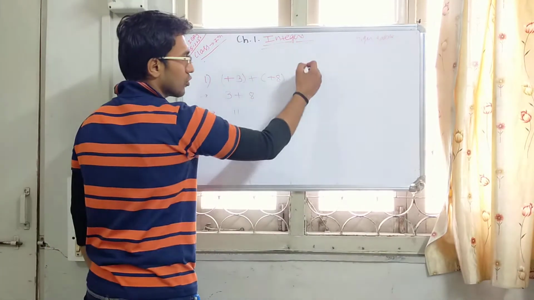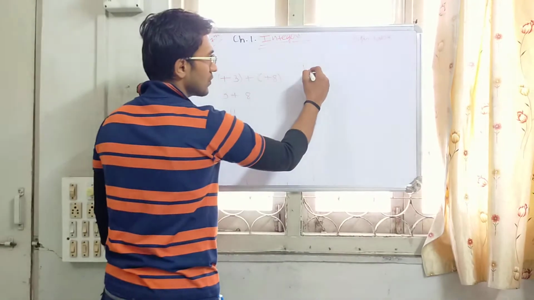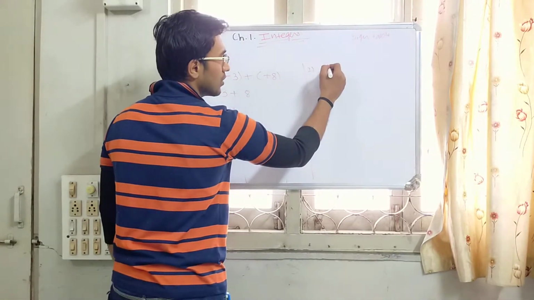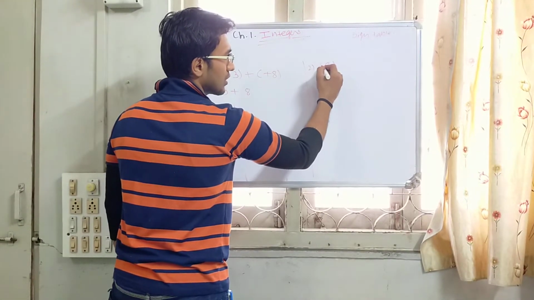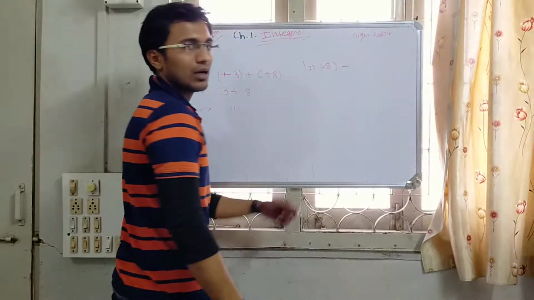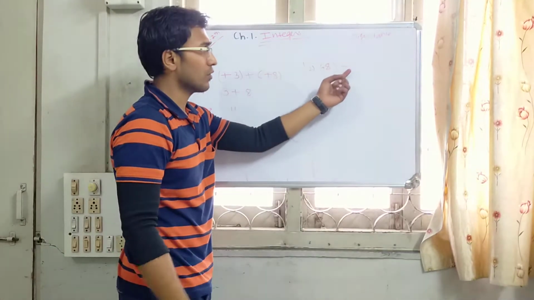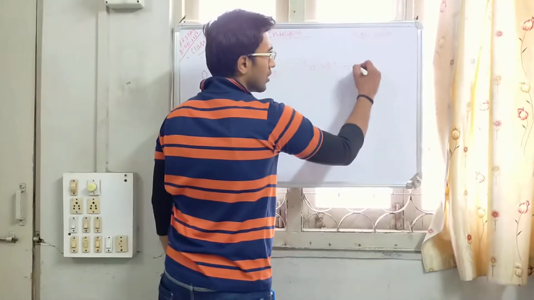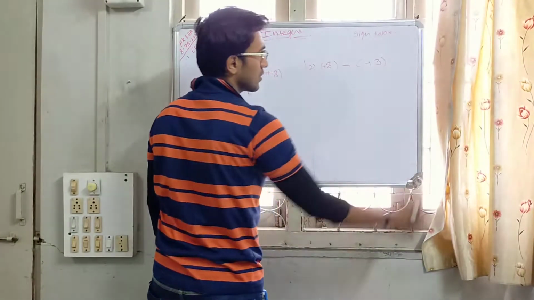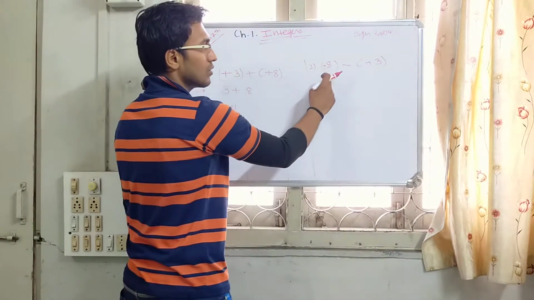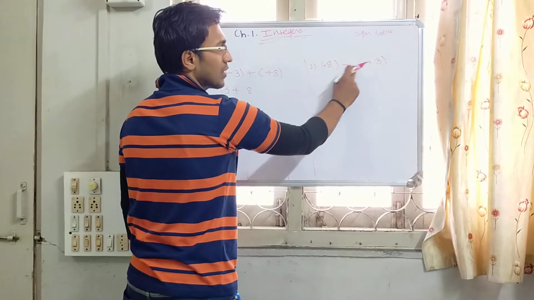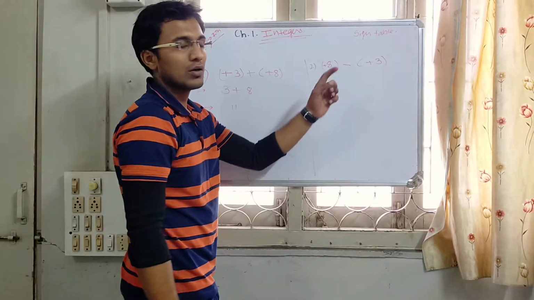And for the subtraction operation, if the first number is for example plus 8 and I wish to perform subtraction, then the second number is plus 3. So I know that it is plus 8 and here it is minus and here it is plus. What will I do?